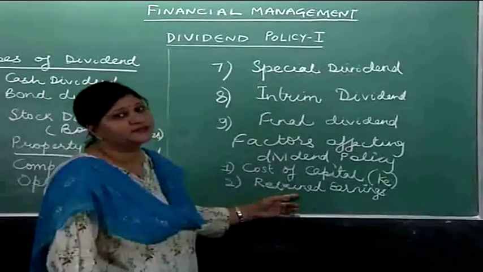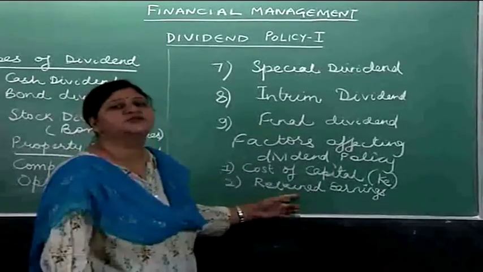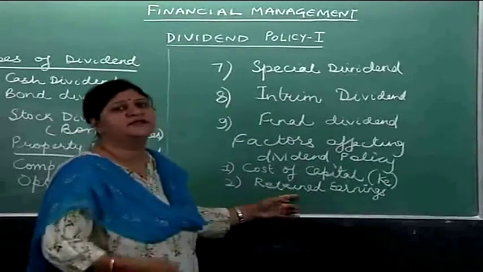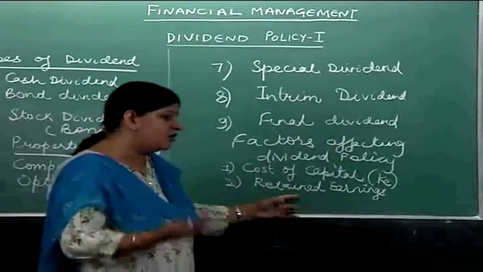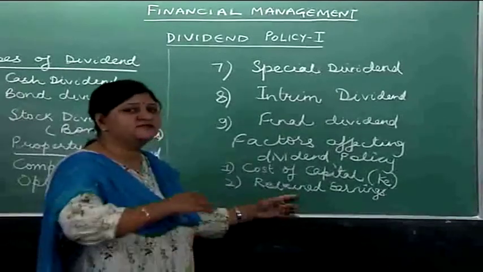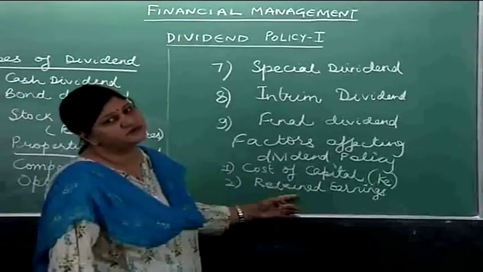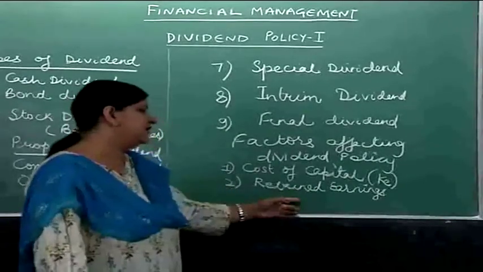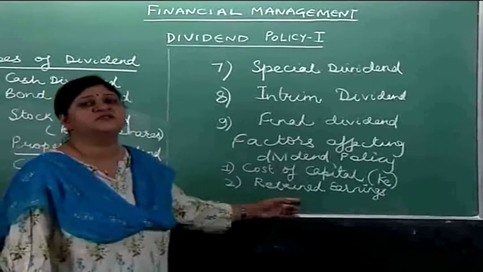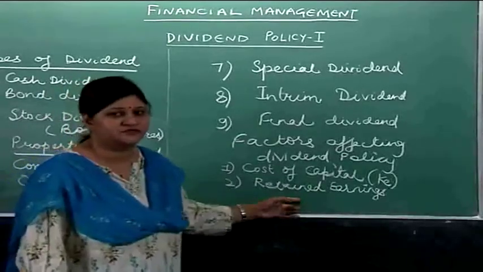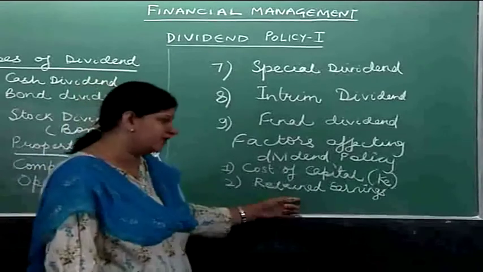If there are adequate retained earnings, what should a company do: whether it retains 100% in the business and plows back in another production cycle, or it can pay back the retained earnings to the shareholders in the form of dividend. So we have to analyze the position of the retained earnings in order to take a decision in relation to the payment of dividend to the equity shareholders.